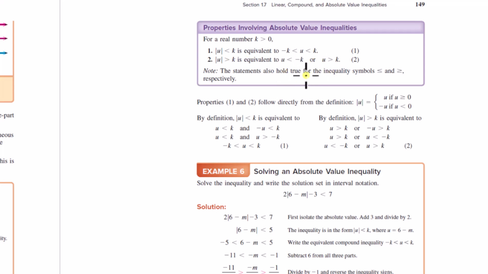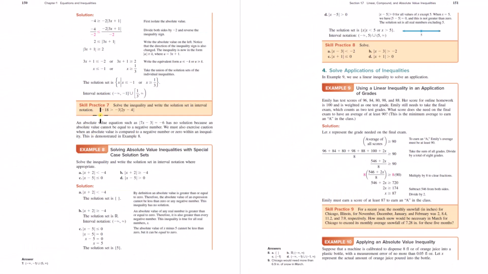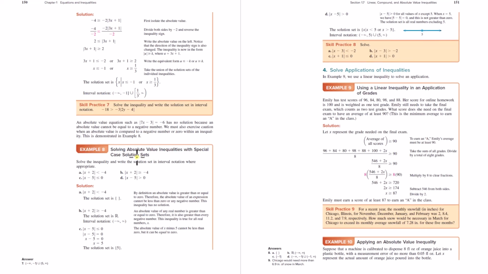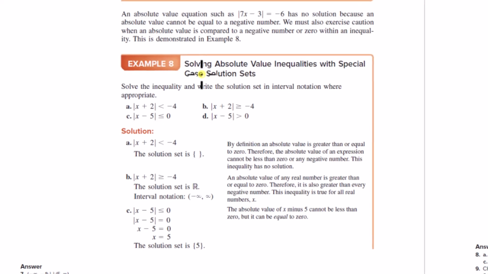And the statements hold true even if you have greater than or equal to, less than or equal to, it doesn't matter. Okay? And we're going to work a bunch of absolute value inequalities. Now, they give some special cases of absolute value inequalities, and we're going to work examples like this as well, but let's take a look.